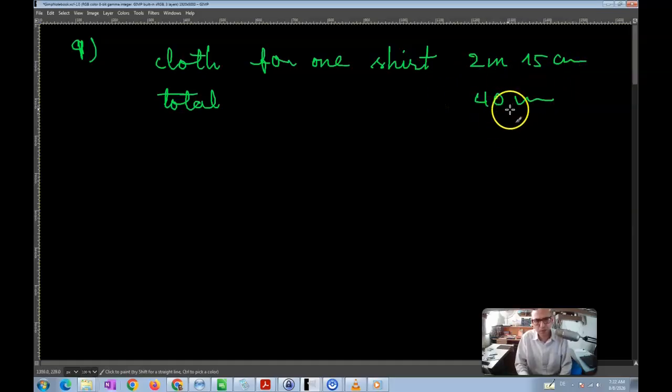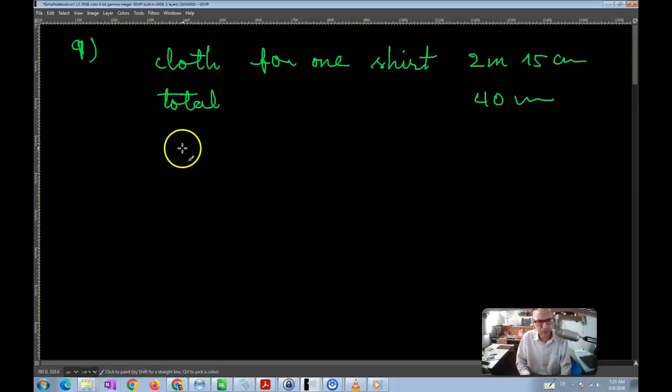So how do we calculate that? When you want to multiply, divide, add or subtract things, they have to be in the same units, otherwise your operation is not going to make any sense.